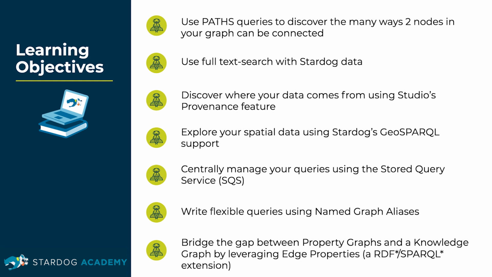Explore your spatial data using Stardog's Geospatial support. Centrally manage your query using the stored query service. Write flexible queries using named graph aliases. Bridge the gap between property graphs and a knowledge graph by leveraging edge properties, an RDF-star SPARQL-star extension.